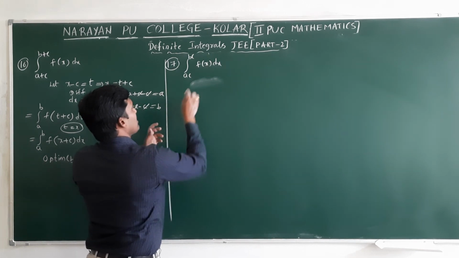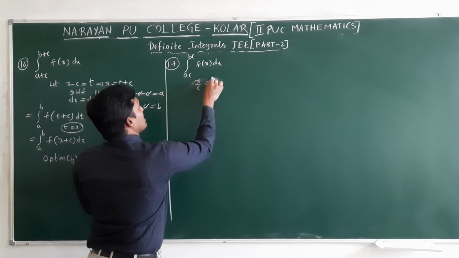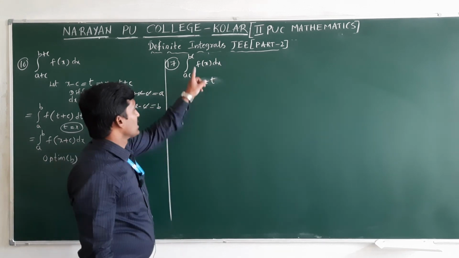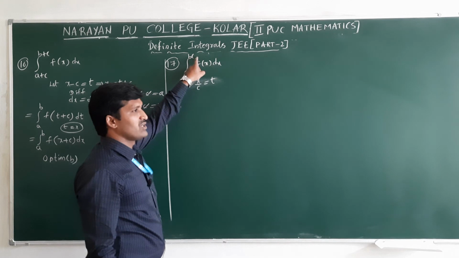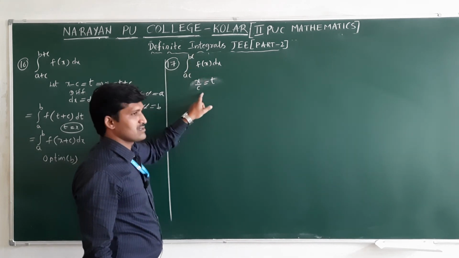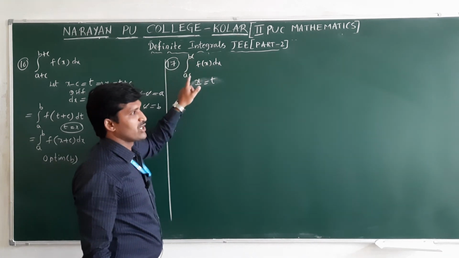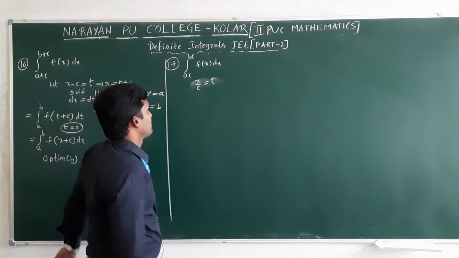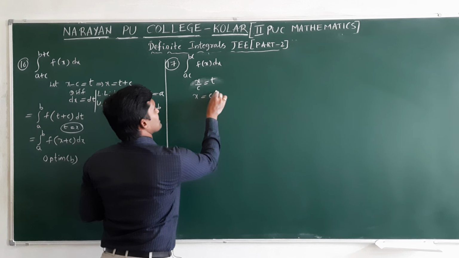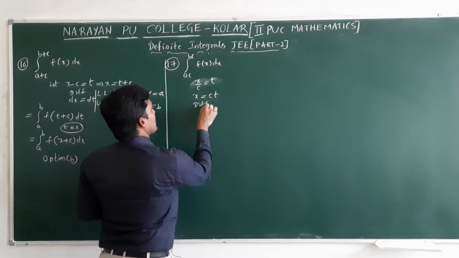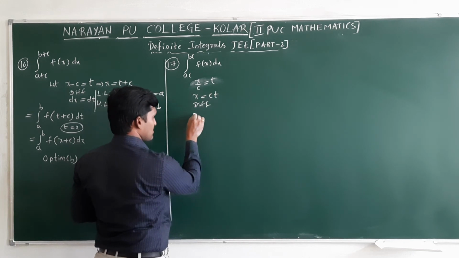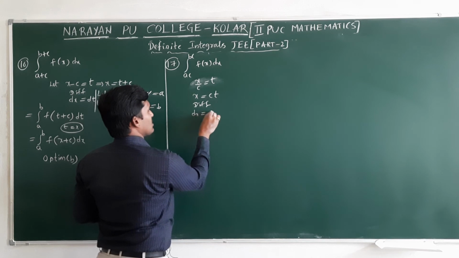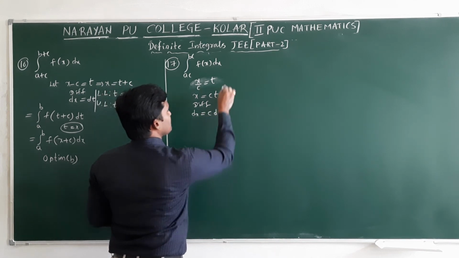Consideration wise, x by c equal to t. Here in limits, when the value is multiplied, we need to divide for x. Plus is there, we need to subtract from x. Minus is there, we need to add to x. From this, x is equal to what? ct. Differentiate this. What will you get? dx is equal to c into dt.